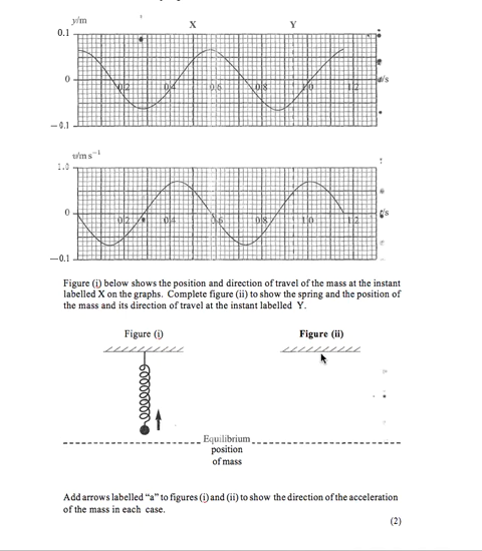So whilst I can't draw on here, and neither can you unless you print it, you will have your spring drawn so that the mass is here, below the equilibrium position, and both the velocity and the acceleration are upwards.